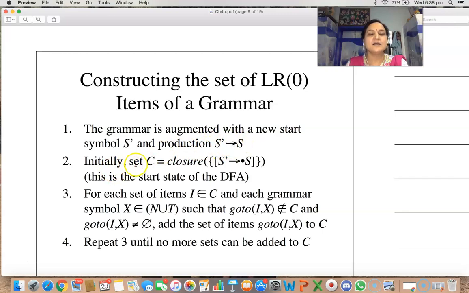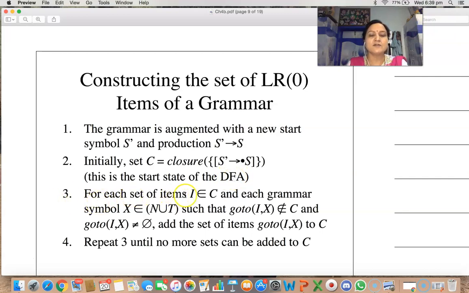So initially C, that is the set of LR0 items, equals closure of the first production of the grammar. The first production of the grammar is S dash tends to dot S. So initially we compute C equals closure of S dash tends to dot S. Now this is the start state of the DFA, that is deterministic finite automata, which recognizes the viable prefixes.